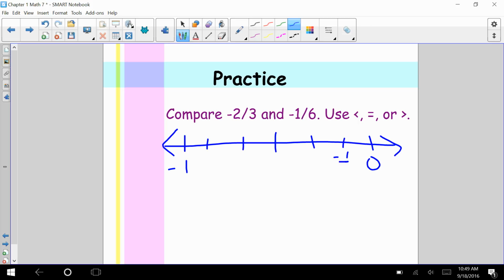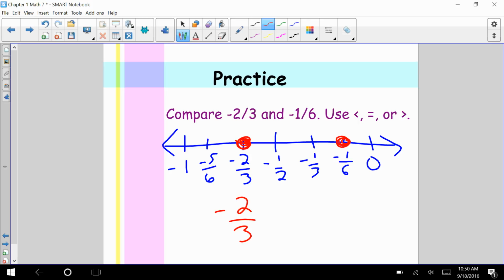So I've got -1/6, -2/6, or -1/3, -1/2, which is -3/6, -4/6, or -2/3, and then -5/6. So -2/3 is right here, -1/6 is right here. Remember, the one further to the left is smaller, so -2/3 is less than -1/6.